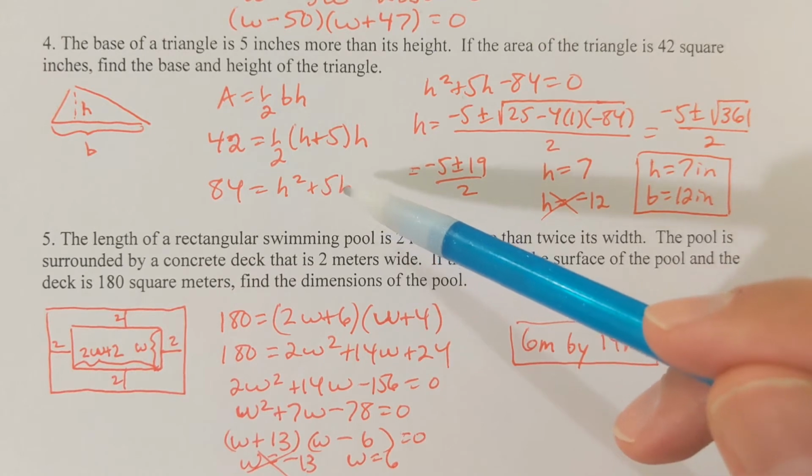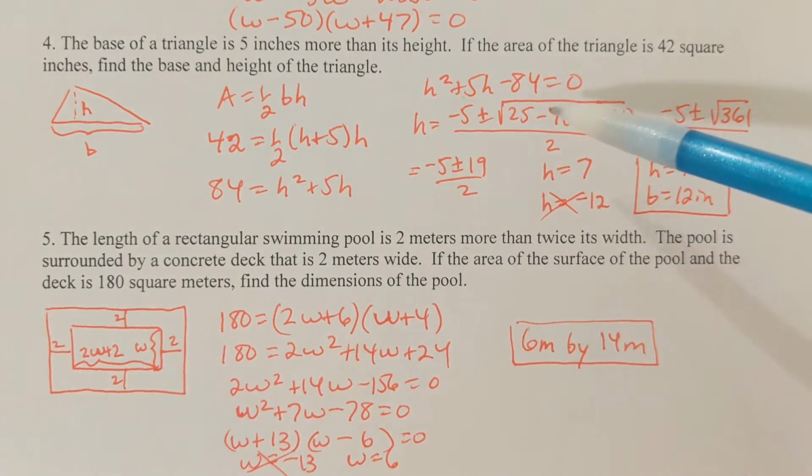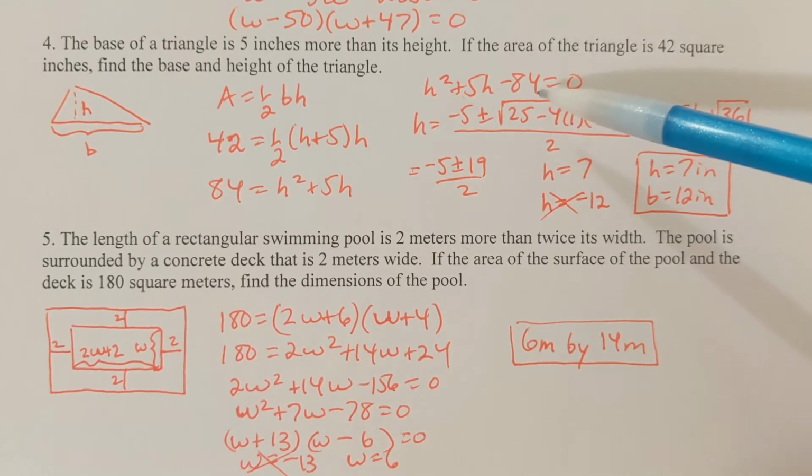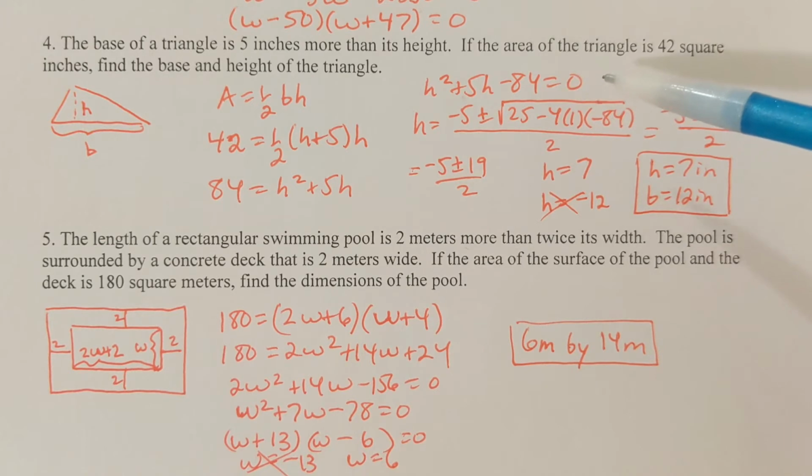Okay, if I multiply by 2, 42 times 2 is 84 equals, and then distribute the h there, h squared plus 5h. Subtract 84 from both sides. h squared plus 5h minus 84 equals 0. Okay, I'm using the quadratic formula here.